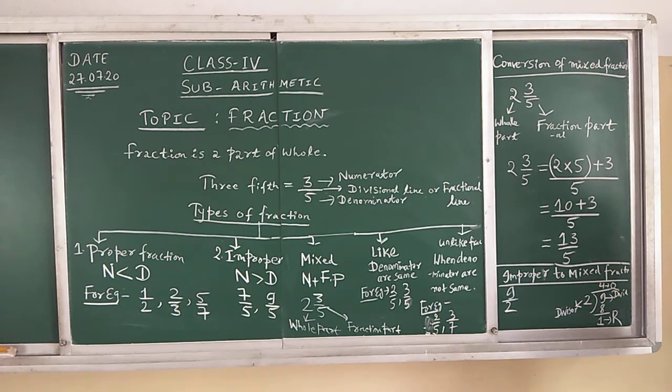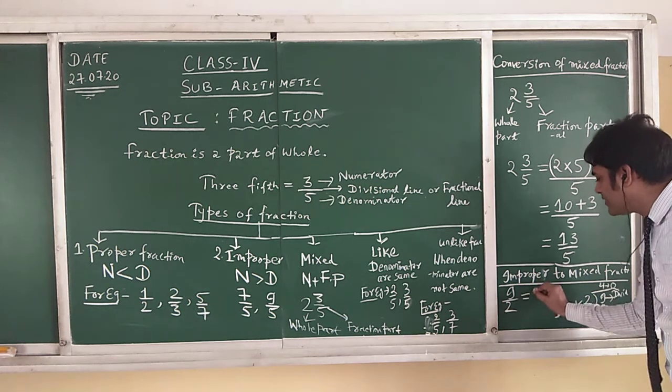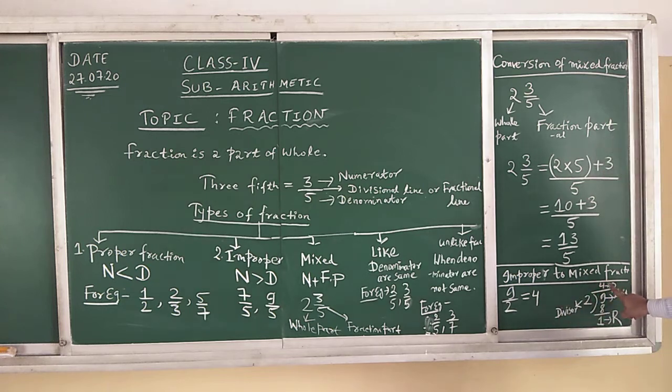So how do we write this improper fraction as a mixed number or mixed fraction? First of all, we have to write the quotient part. So what do we write first? The quotient part, that is 4 here. And then we write the numerator as your remainder, that is 1.